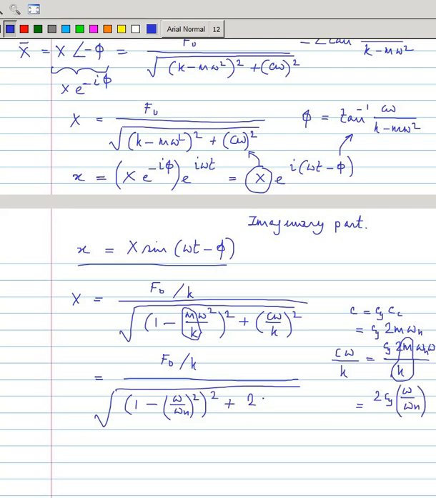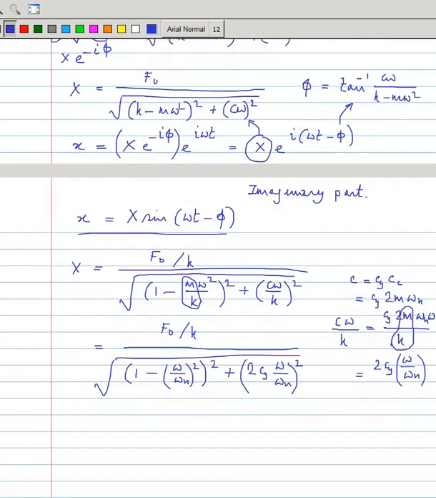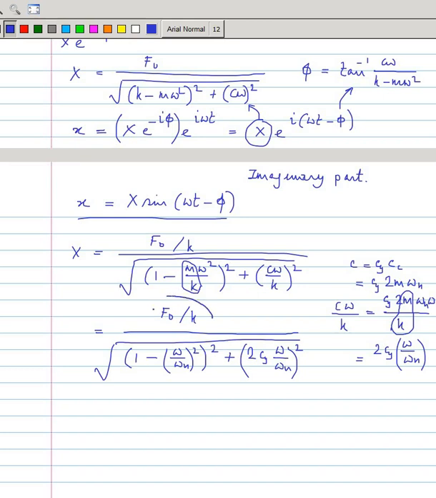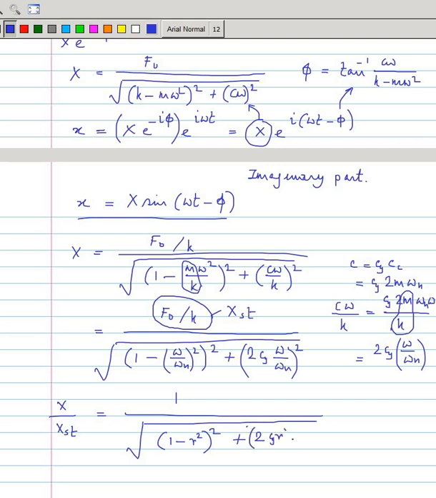So this is twice beta omega by omega n square, and again if you take this as your static displacement and call it x static, and if you call this omega by omega n as r, then X by X static is equal to 1 by the root of 1 minus r square whole square plus twice beta r whole square.